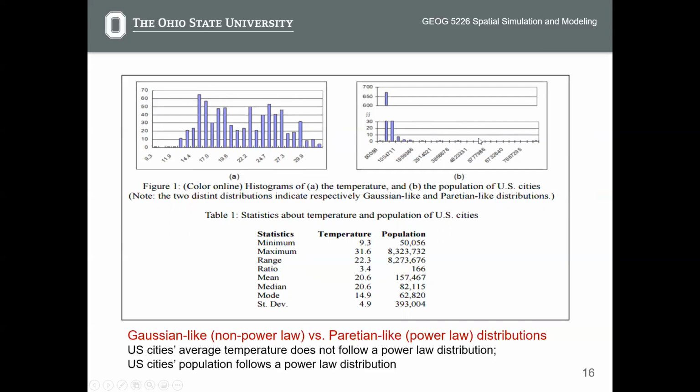On the right side, we have two variables. The first variable is the population of cities, along the horizontal axis. On the other hand, we still have the frequency, or number of cities, along the vertical axis. Here we can see that most American cities have a population somewhere between 50,000 and 100,000.